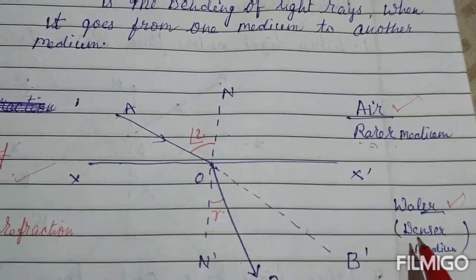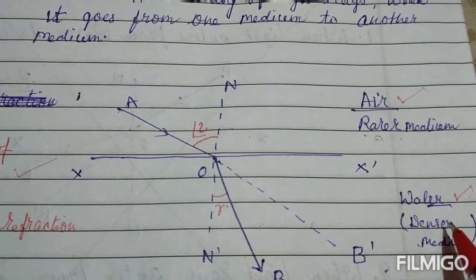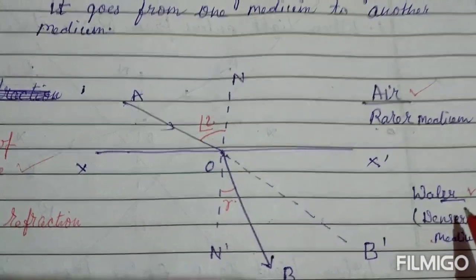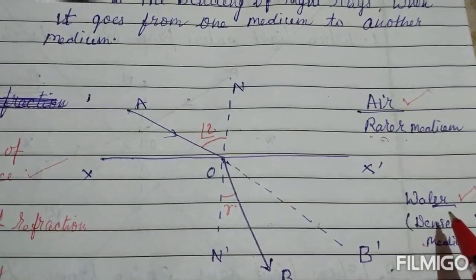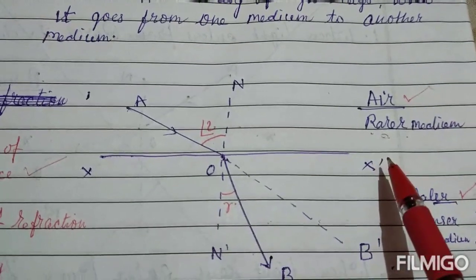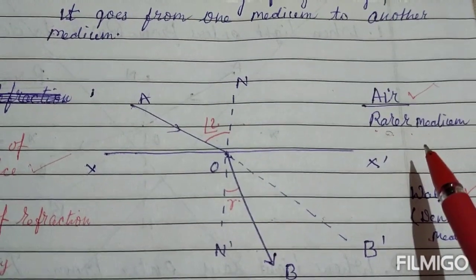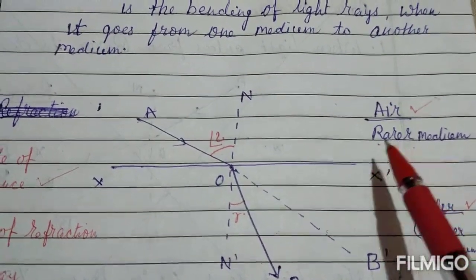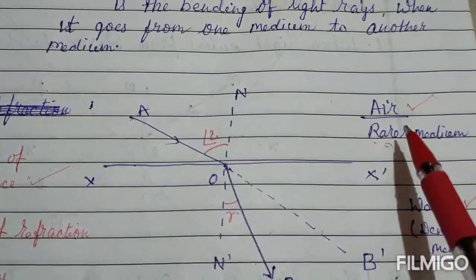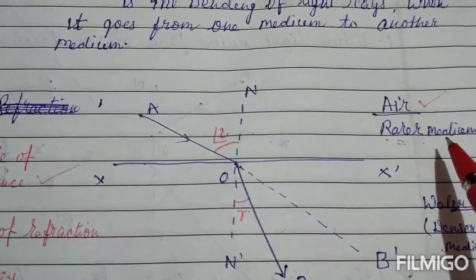Now what is optical density? Actually these are very basic things. You have already studied in class 8. That's why I am not going deep into this. So optical density is simply the density of the medium in terms of light, or the medium which has a large number of molecules per unit volume with respect to other is called optically denser.